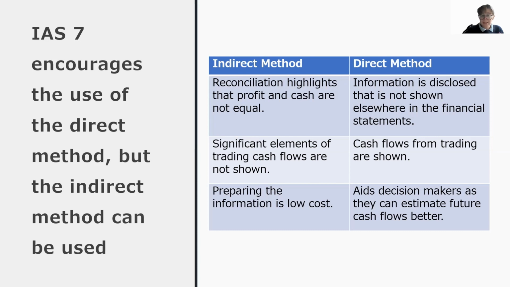It shows that significant elements of trade and cash flows are not shown, and preparing the information is going to be at a very low cost. With the direct method, information is disclosed that is not going to be shown elsewhere in the financial statements. Cash flows from trading are going to be shown, and it is going to help decision makers as they can estimate future cash flows better because ultimately it is more accurate.